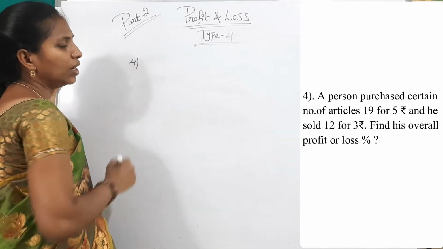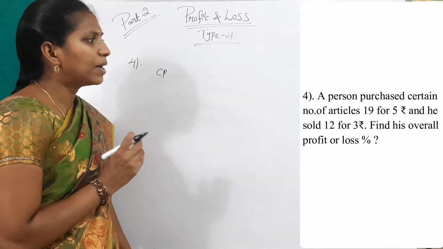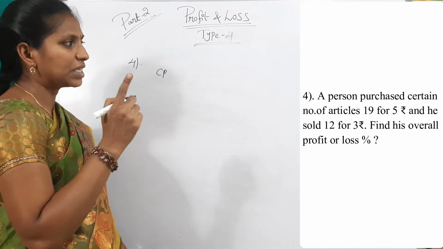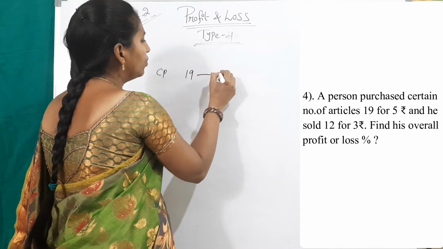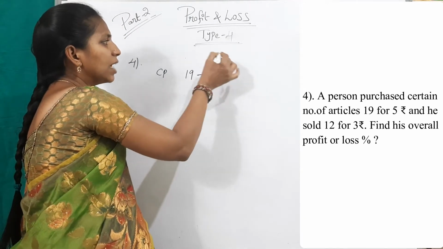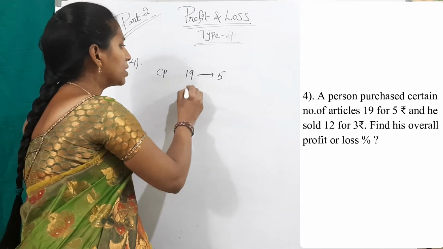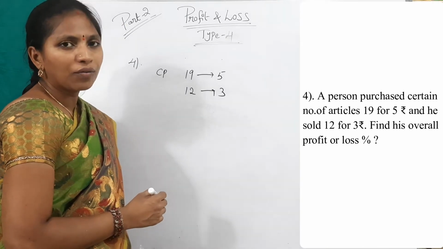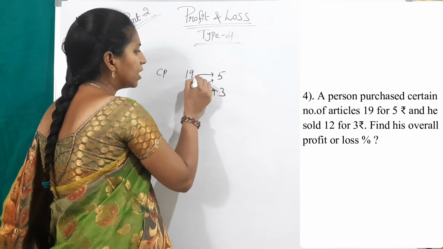Now see fourth question. A person purchased, meaning cost price, a certain number of articles, 19 articles for 5 rupees. This is articles and this is rupees. And he sold 12 for 3 rupees. Then find his overall profit or loss percentage. Now place arrow marks like this.